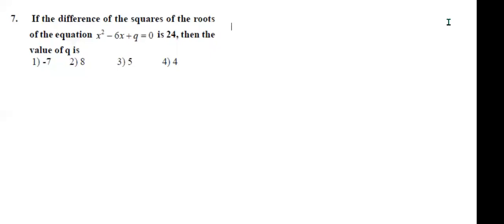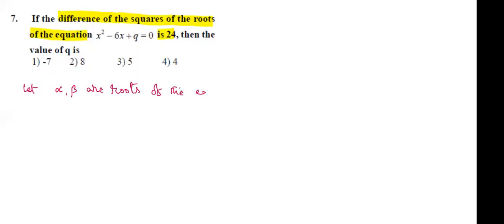Seventh question. If the difference of squares of the roots of the equation is 24, then value of q is, here let alpha comma beta are roots of the equation.